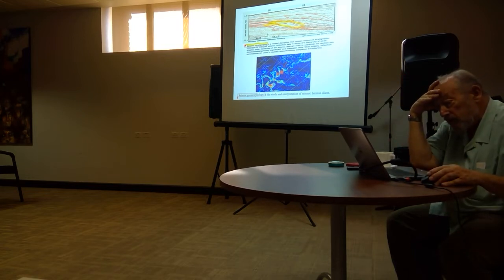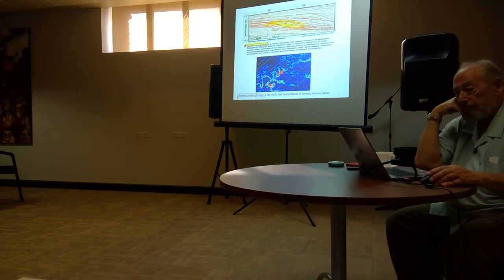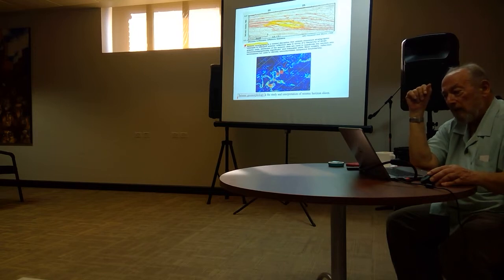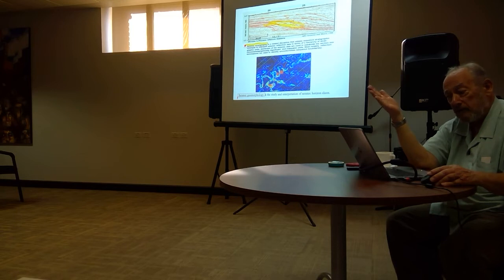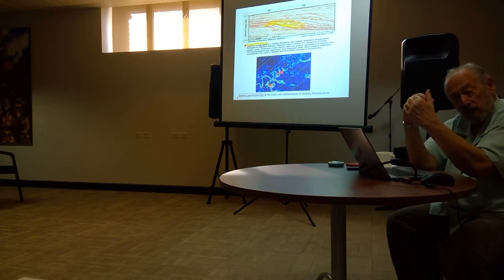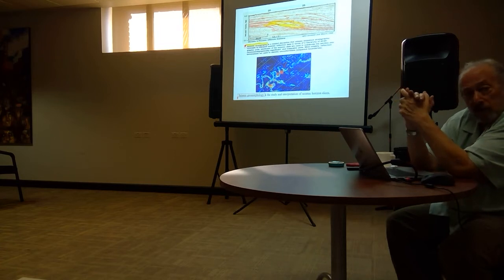And then this reflector down in here is probably your condensed section. So you can take your seismic, and once you can identify these sequence boundaries, you can interpret the geology or the stratigraphy within those sequence boundaries.